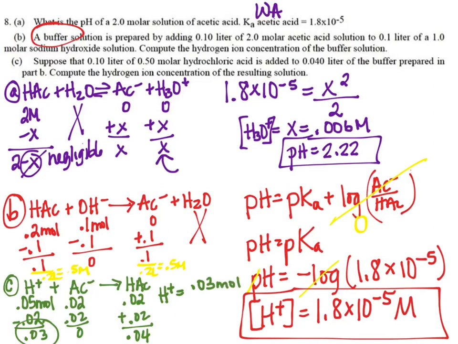And how many liters did we have total in situation C? 0.14. So my concentration of my hydrogen ion is going to be 0.214 molar.